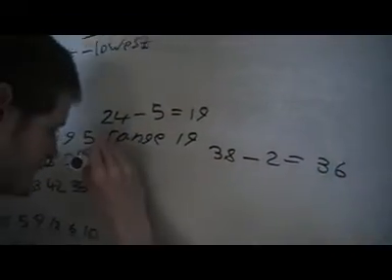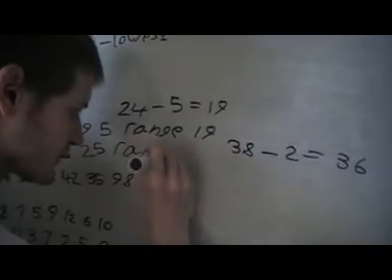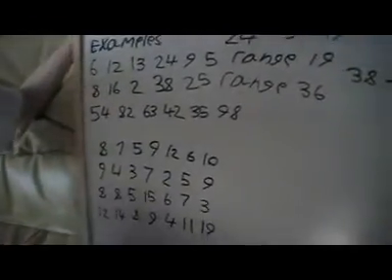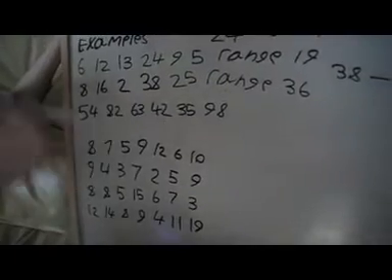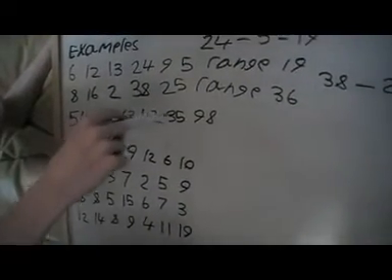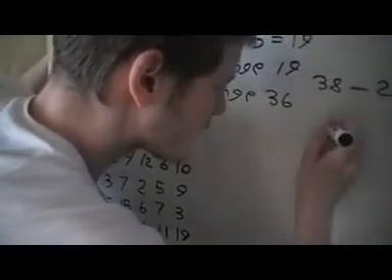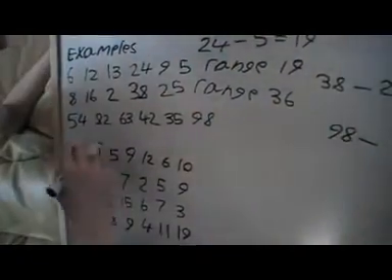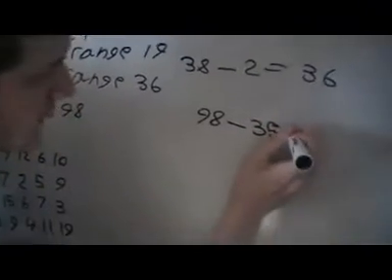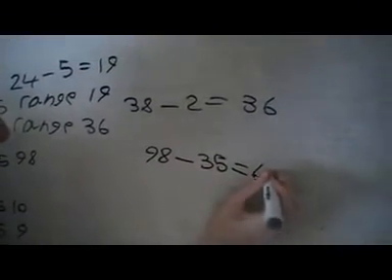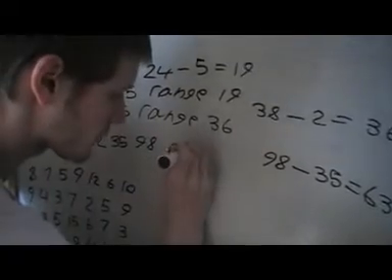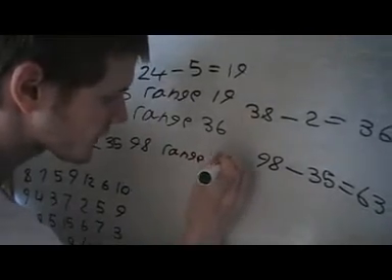I get 36, so the range here is 36. And here I've got bigger numbers, but we can say that the biggest one's 98. The smallest one here is 35. So just subtract them. And I get 63. So the range here is 63.